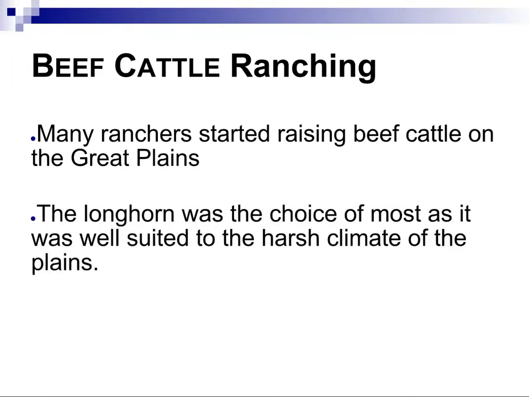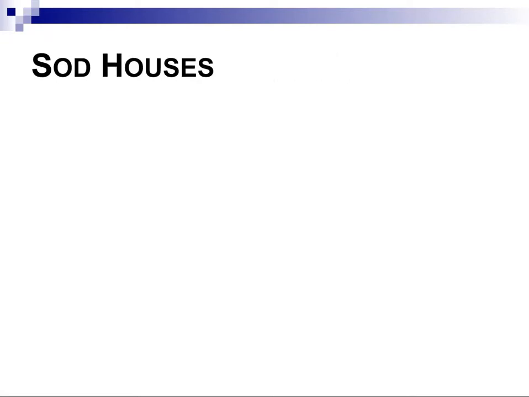The longhorn, the picture I showed you before, was the best suited because it could survive the harsh climate. It's not the best to eat because there's not as much meat on it as there would be on other types of cow. That's why you don't see people around here growing longhorns today. But it lived when others would die, so it was important for them. And we'll talk more about the cattle and ranching industry a little bit later.